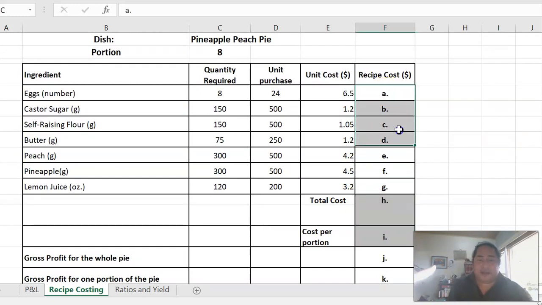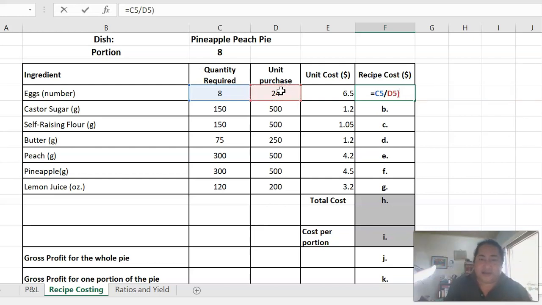Let me take all that out. Let's look at A. This is how you calculate it: quantity required divided by unit purchase times unit cost. Quantity required divided by unit purchase times unit cost. So let's work that out. Equals, just remember you have to use the formula bar. Click onto the cell, divide by unit purchase.